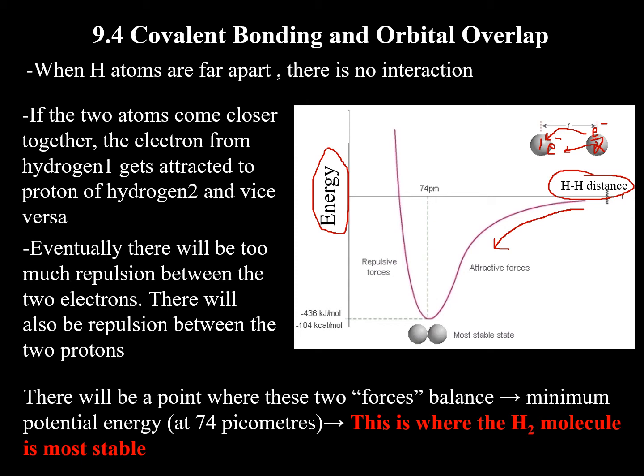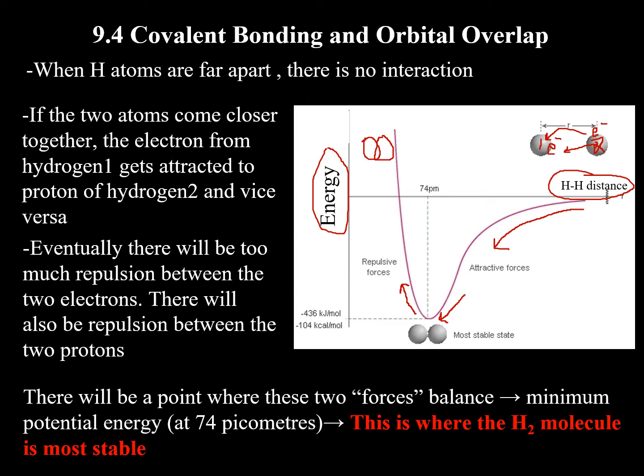So this continues until about 74 picometers distance. And if we bring them even closer and closer, there's going to be a lot of repulsion starting to form, because if the atoms are too close to each other, you have repulsion between the electrons and repulsion between the nuclei, the two protons of H1 and H2.